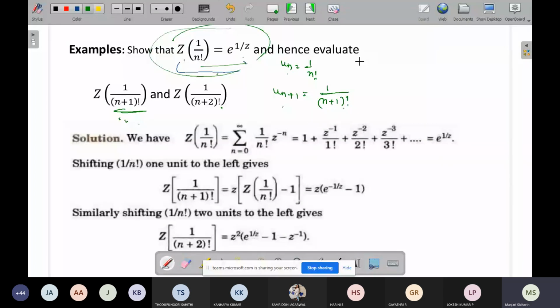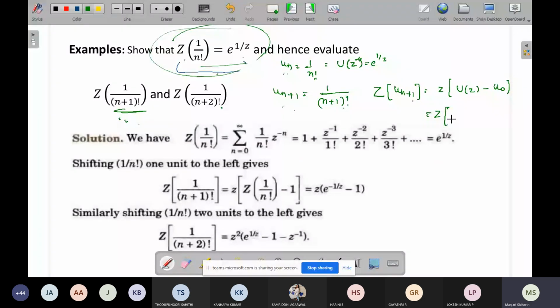So z transform, if un is this, Uz we have already found, e power 1 by z. So the z transform of un plus 1 by the formula: k is 1, so z power 1, Uz minus u naught.